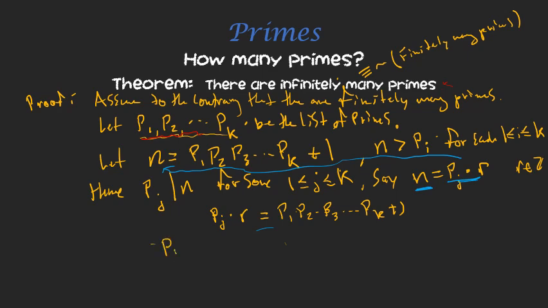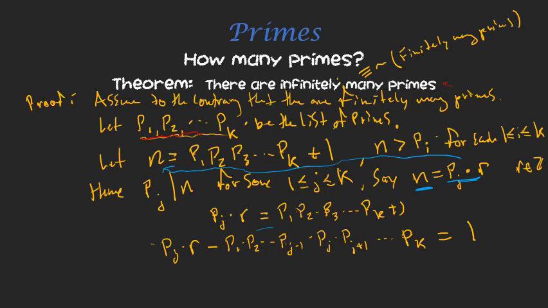So this will look like p_j times r minus p1 times p2 up through, and I'm going to pick out p_j because I know p_j is still in this list, p_{j-1} times p_j times p_{j+1}, and then I'll keep going, times p_k, the last one, and that's all equal to 1.